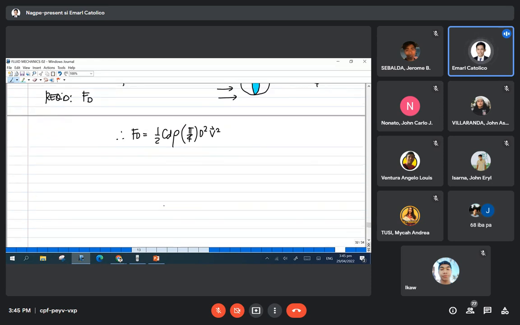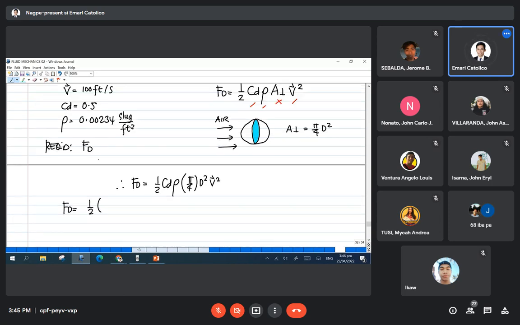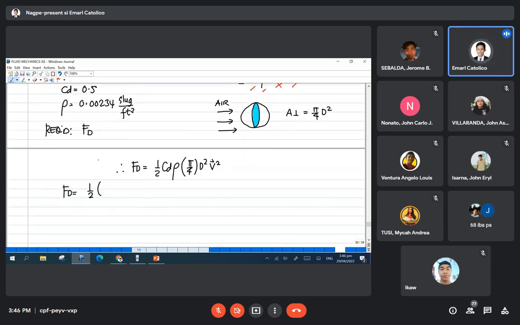Okay, so direct sub na natin. So 1/2 CD natin 0.5, density is 0.00234 slug per cubic feet.